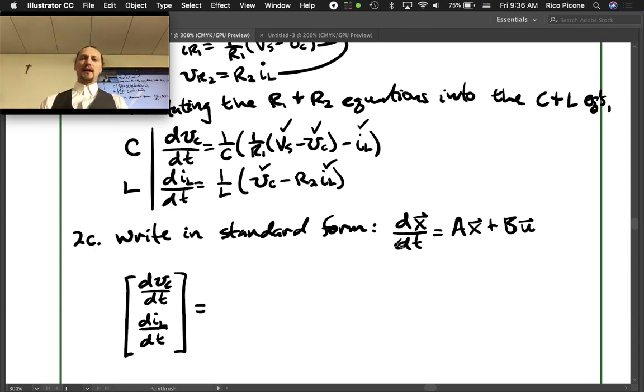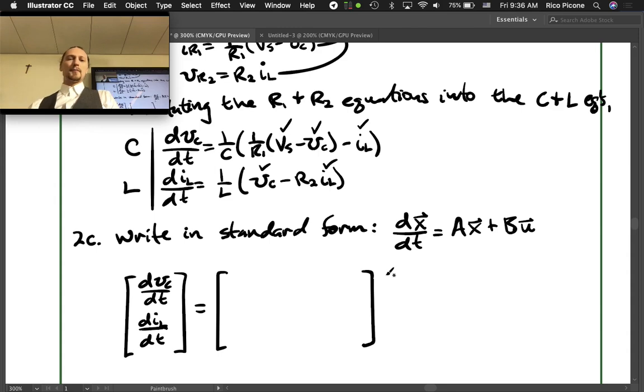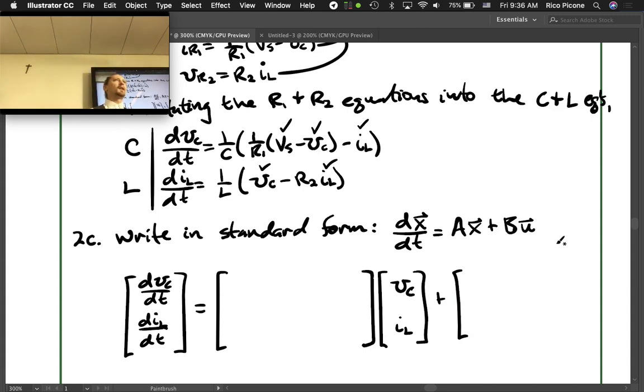So that's what we've got on the left-hand side, so dx dt equals, the A matrix is an n by n matrix, right? So in this case, it's 2 by 2. So a 2 by 2 matrix times the state vector, right? State vector is just Vc, IL, plus the B matrix, which has to be 2 by something, and we have only 2 by the number of inputs.